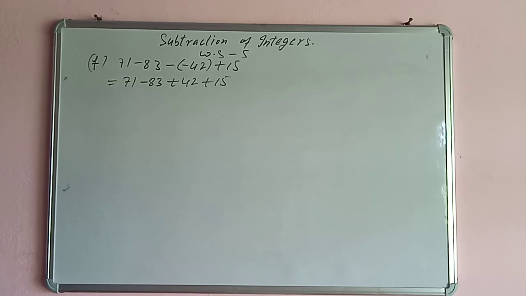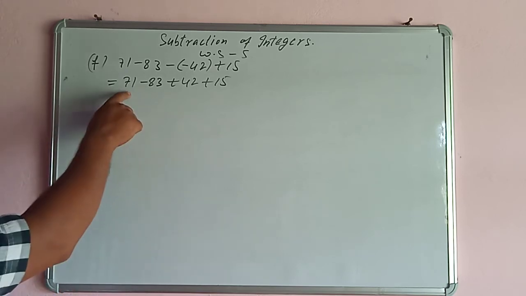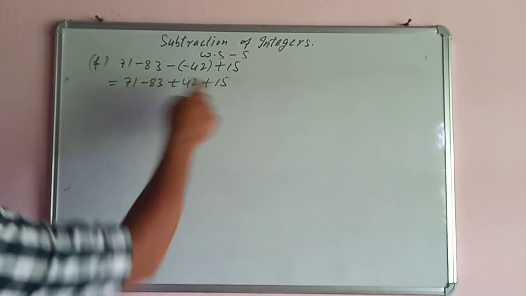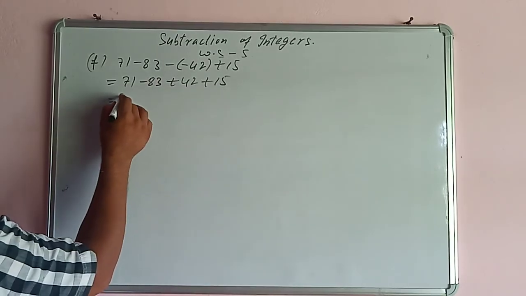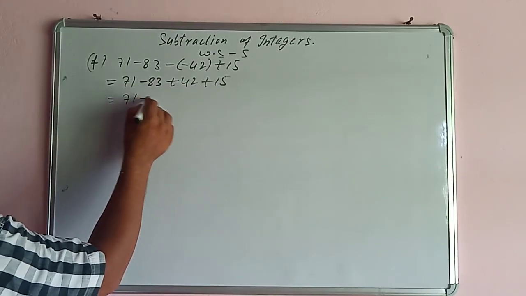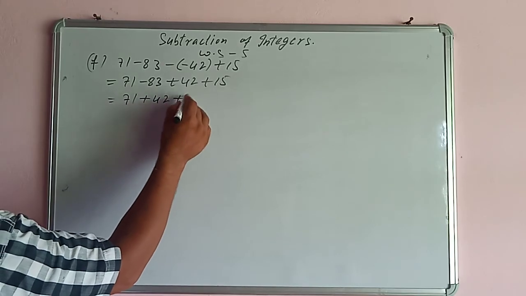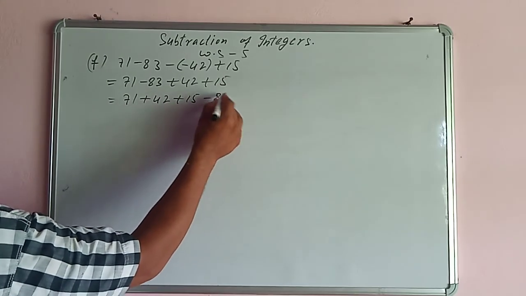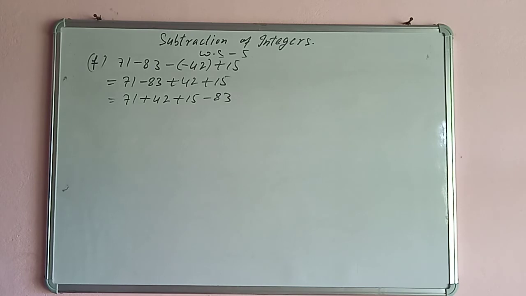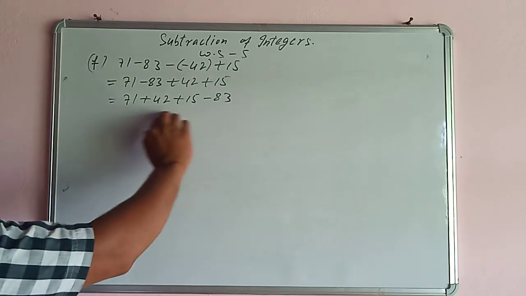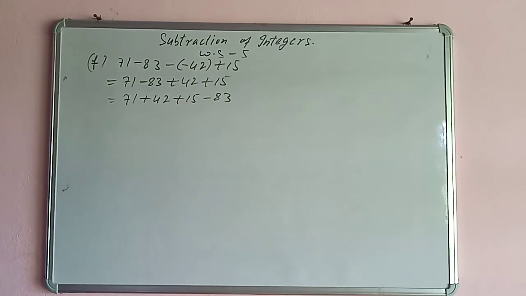Now how many positive integers are there? It is 71, 42 and 15. So we will collect them. 71 plus 42 plus 15, then we will write minus 83. Here we have written 4 integers. We have only changed their order.